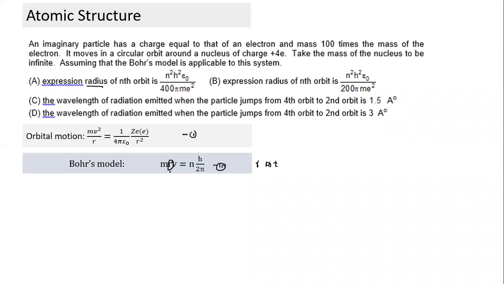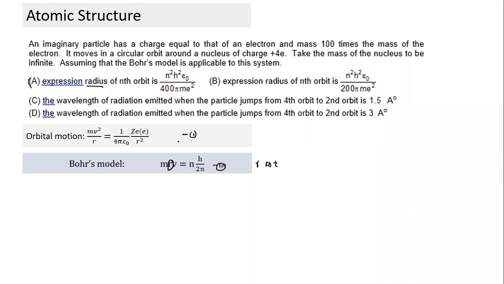How do you find the value of R? MV by QV. Okay, not so. Preetham, how do you calculate R? Yes, sir. We use n square h square epsilon naught by pi m z square.